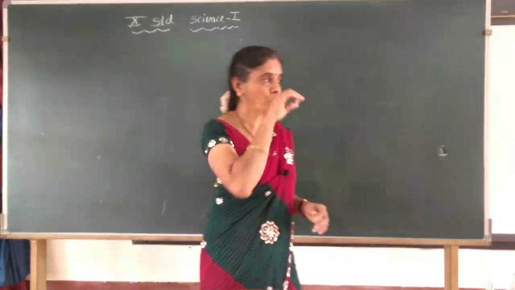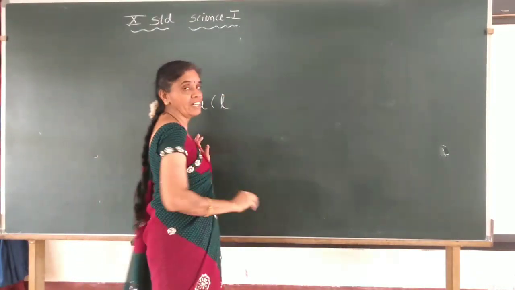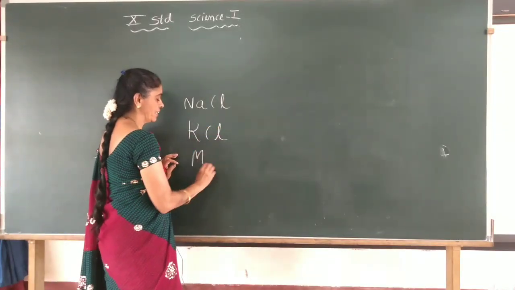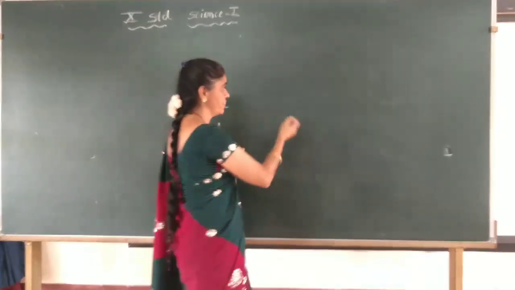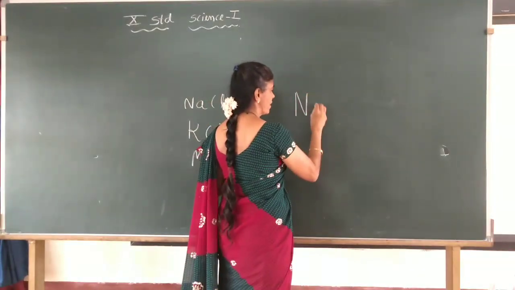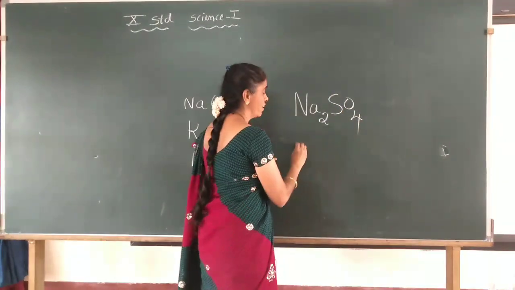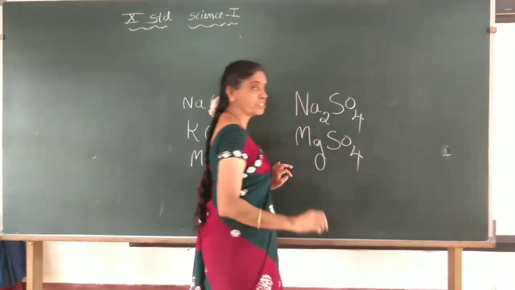Like sodium chloride, common salt, NaCl. We have potassium chloride, magnesium chloride. All are salts. Or sodium sulfate, this is a salt. Or magnesium sulfate, this compound is also a salt.